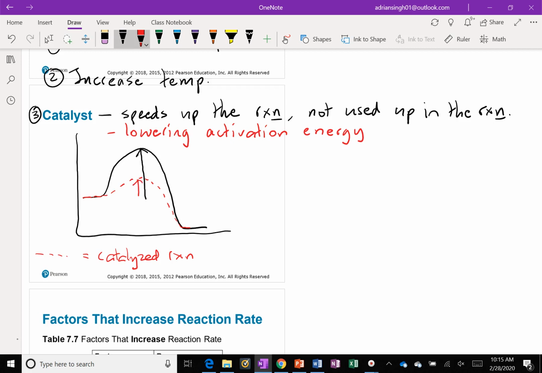Catalysts are very, very important things, and you find them all over the place. For example, the enzymes in your body catalyze pretty much every single reaction that's happening inside of you that allows you to survive and do the regular things you're able to do on a daily basis. Those are biological catalysts.